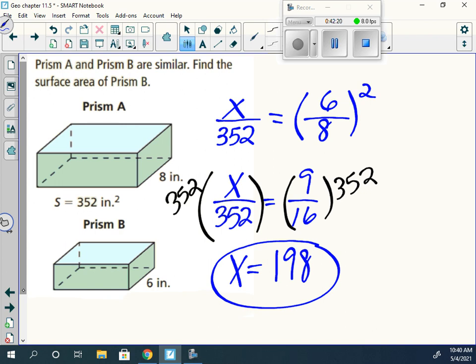So what I was saying is because we can do that, 9 times 352 divided by 16, if we wanted to do it step by step. As if we do this, 8 carry the 1, 6 carry the 4, 27, 31.